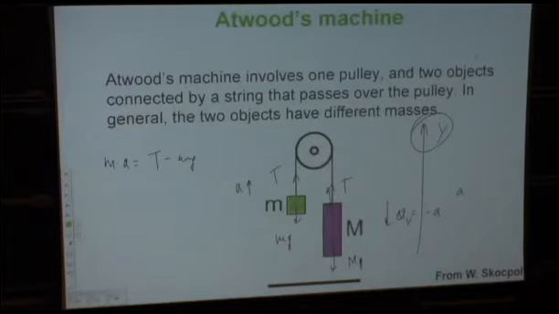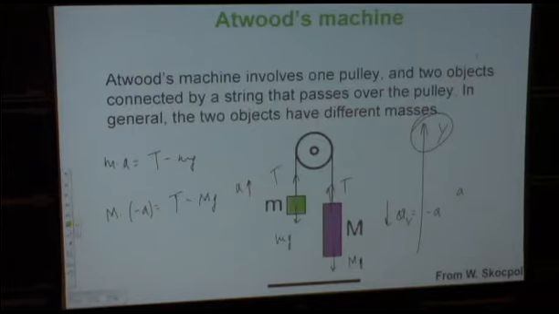So big M times negative a should be equal to, well, tension is directed up, and gravity is directed down. This is the second equation.